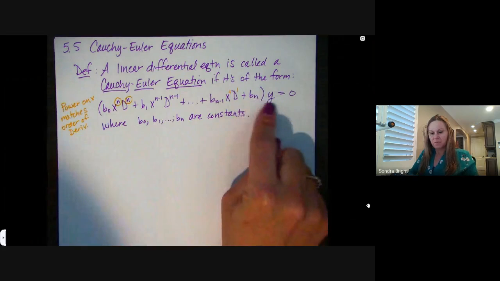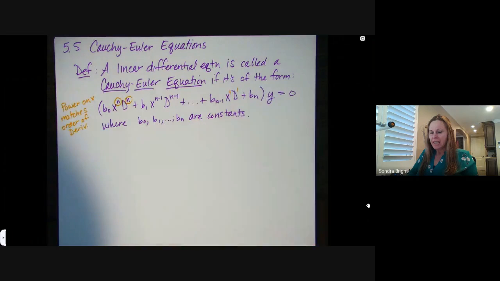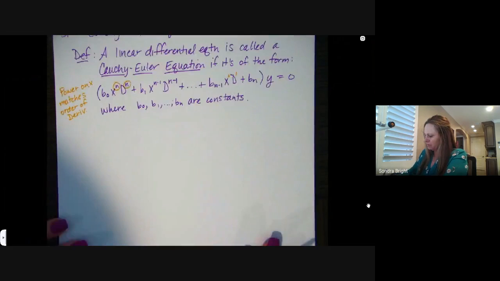Okay, so that's Cauchy-Euler. And what's nice about this is we know how to solve differential equations when it's just constant coefficients. That was yesterday's lesson. And so what we're going to do is just change the equation. We'll do a substitution that will make our new equation be one with constant coefficients, just by changing the independent variable.